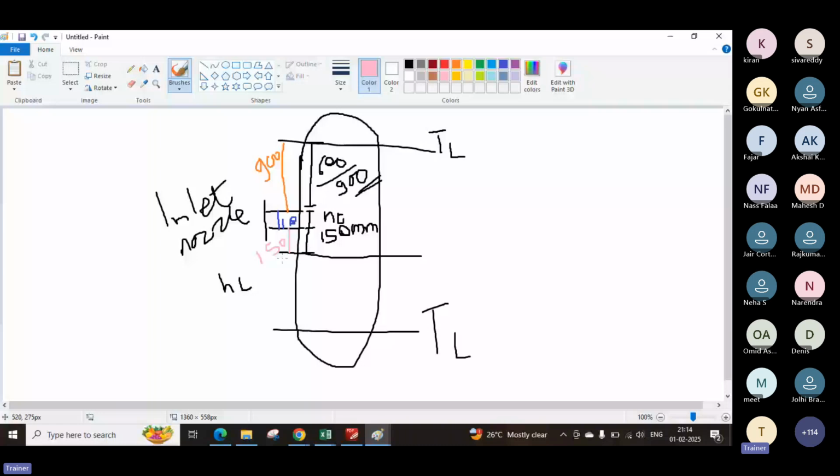Based on the total residence time, you have estimated the maximum height to the tan line, that is HL.